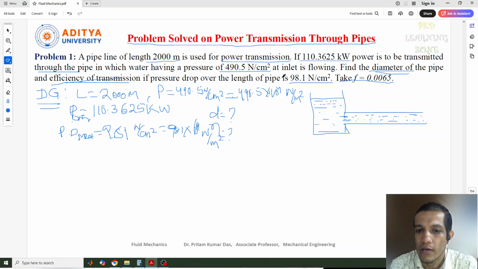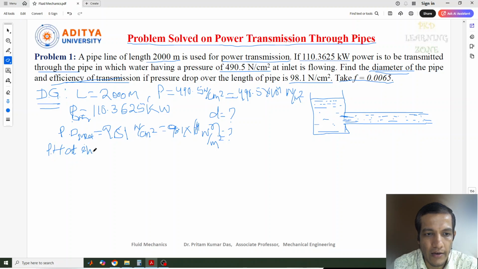Okay. Now here this is the pressure value given, so we can find out the pressure head at this inlet point. This is the inlet part and this is the outlet from the pipe. So what is the pressure head at the inlet? We know that H equal to P by rho g.